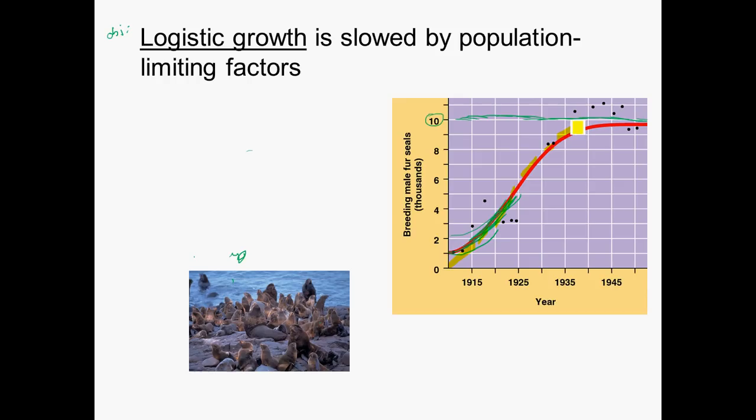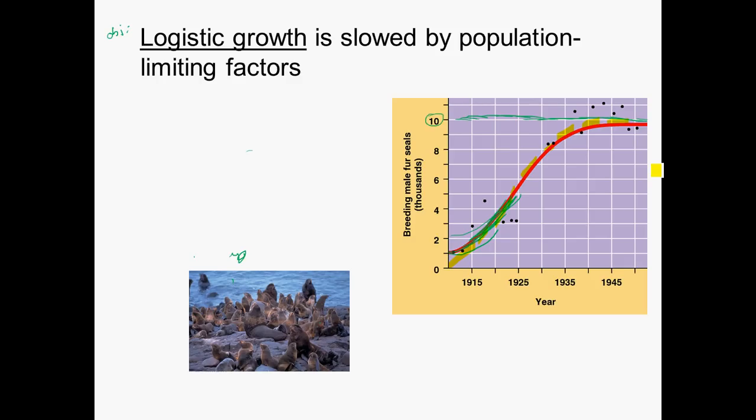Value of the slope still positive but lower, value of the slope positive but lower, value of the slope pretty darn close to zero. The rate of change of growth over time became zero or very close to zero.